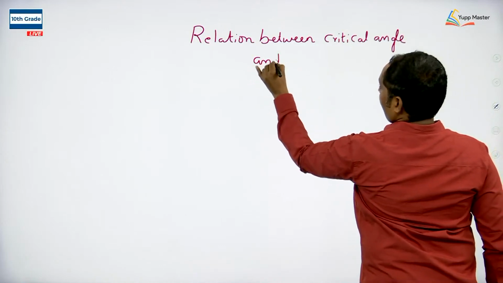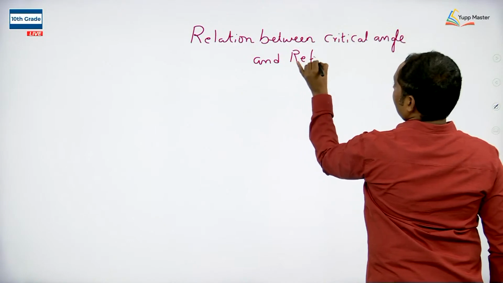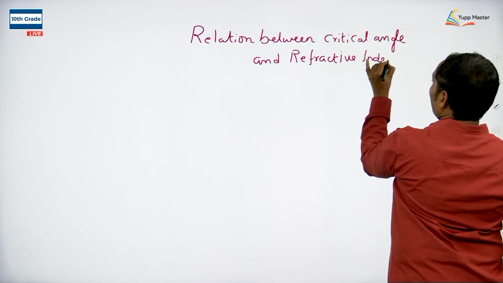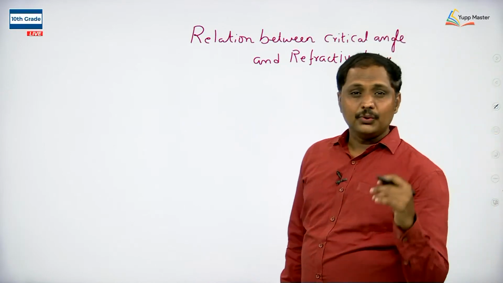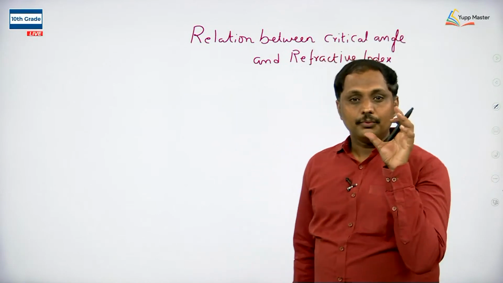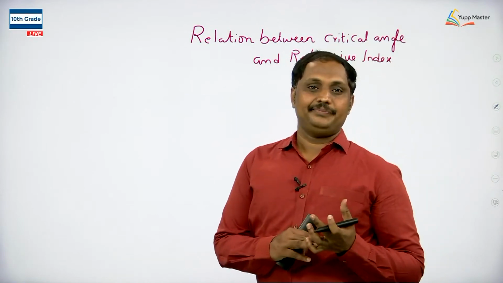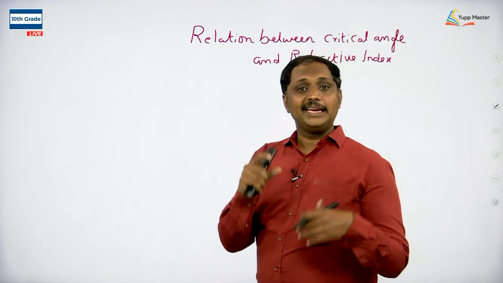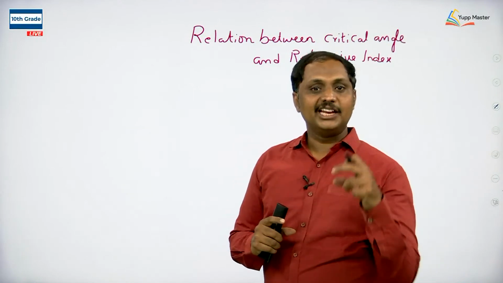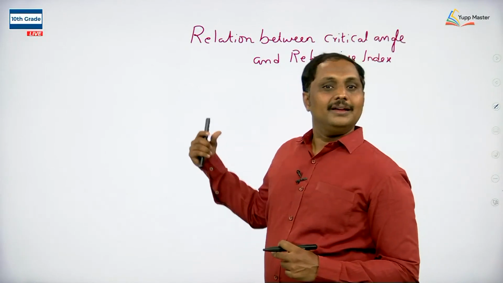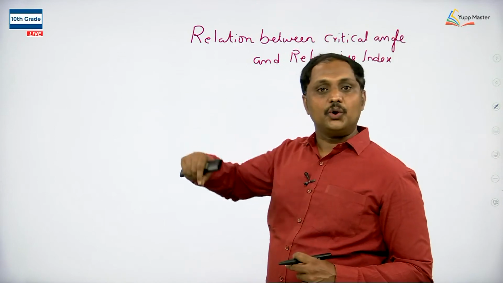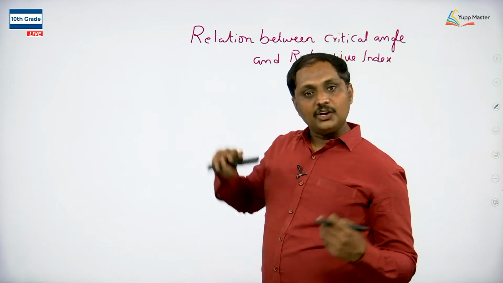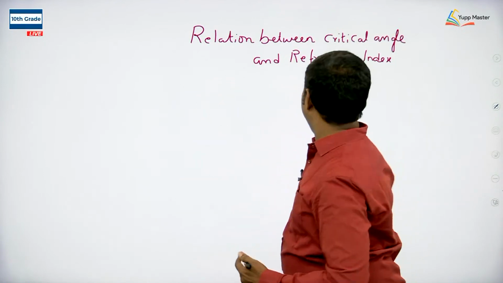Now, you are going to apply Snell's law. According to Snell's law, the ratio of sine of angle of incidence to sine of angle of refraction is constant, which represents the ratio of the refractive indices of the two media. That is, sin i by sin r is equal to mu 2 by mu 1.